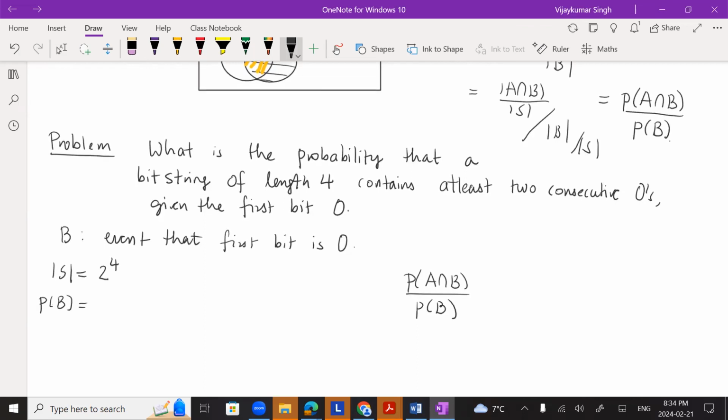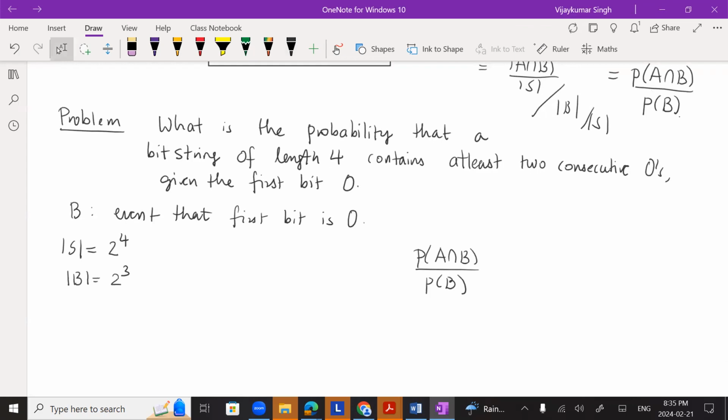It is 0. So now there are only the possibilities of the other 3 bits, 2 times 2 times 2. So let's talk about the size of event B first. The size of event B is going to be 2 to the power 3. Do you agree?